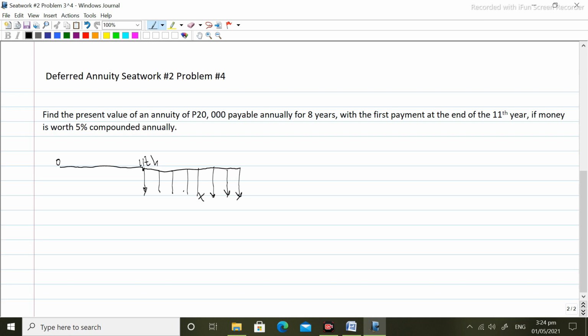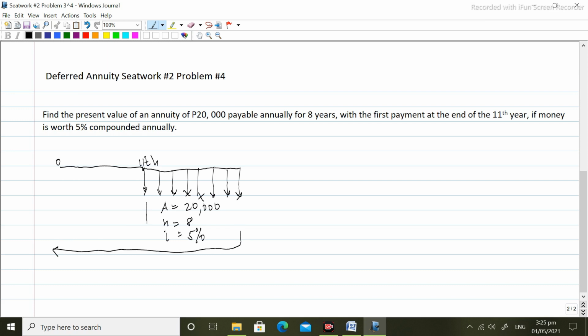So, ganyan po yung itsura niya. Kaya deferred, di ba? Meron tayong annuity value na 20,000. Meron tayong N na 8 years naman, compounded annually with interest rate na 5%. So, find the present value.